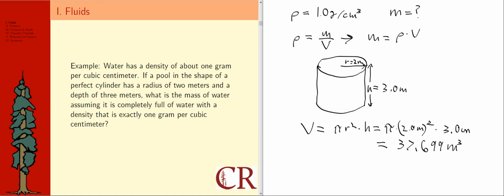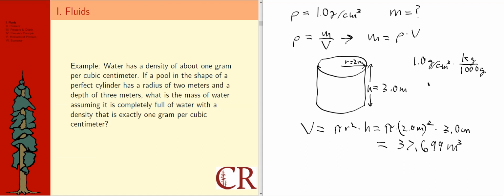I'm going to use this space over here because I might want some more space at the bottom and it gets crowded. I want to convert grams per centimeter cubed into base units. So I'd multiply by a kilogram per 1,000 grams.